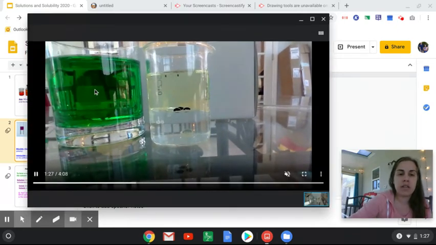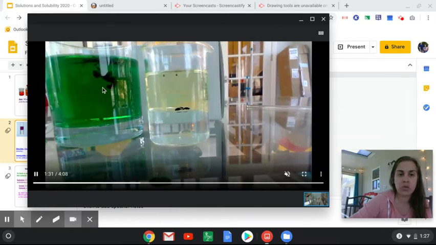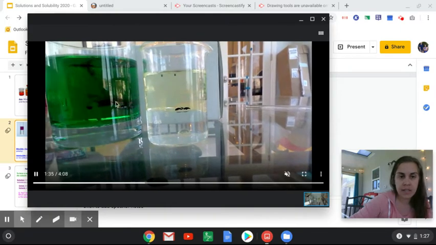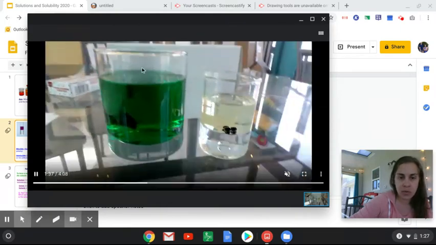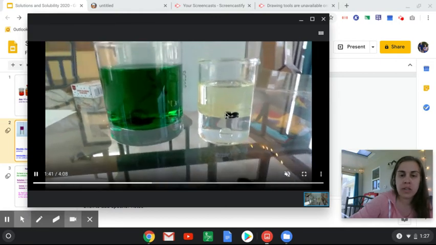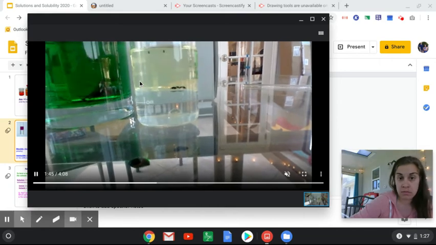So the behavior of the food coloring in the oil is very different from what you saw with the water, where even as another drop was just added, it instantly spreads around and spreads out. You could see over here with the oil, the food coloring is still just beaded up, not dissolving.